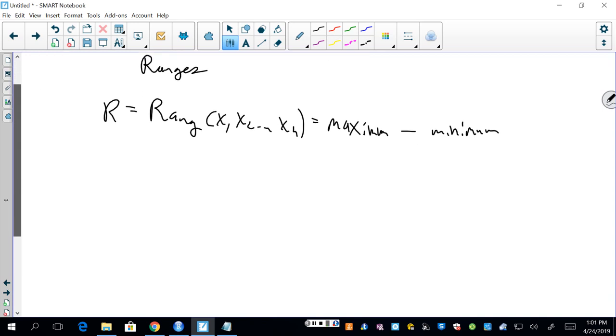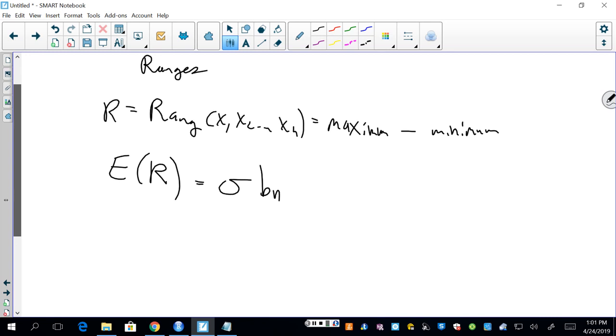it turns out that the expected value of this range from a normal sample, you can figure out that it's related to the spread of the normal distribution, but there's this extra multiplier on there. It's not exactly the expected sigma. The range is more like 4 sigma or 5 or 6 sigma, something like that.